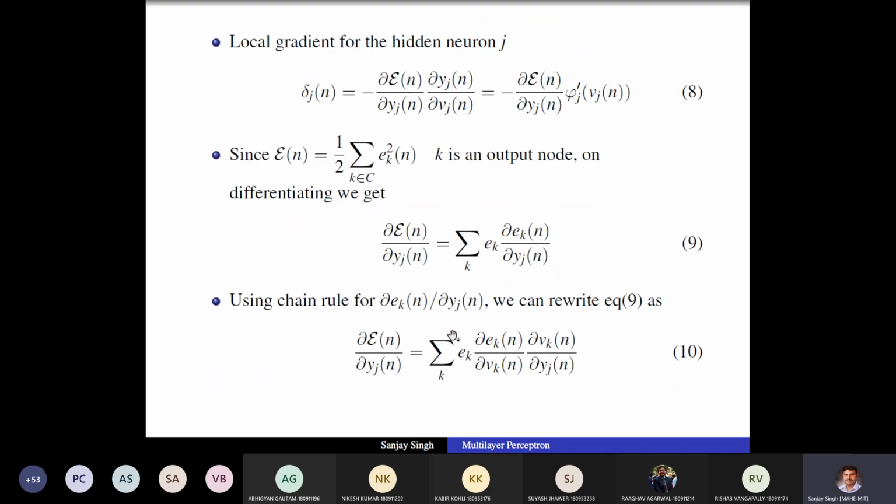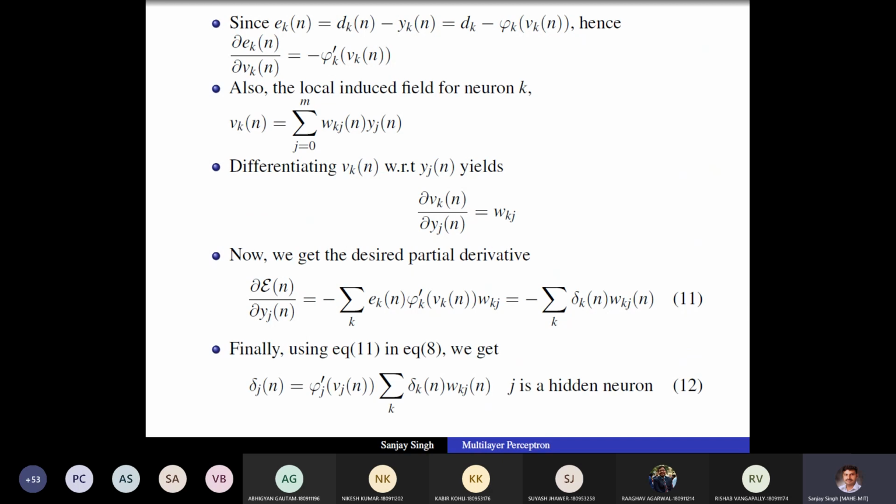But when we came across our delta j, the local gradient for the neuron which belongs to the hidden layer, it is phi prime j vj(n), and it sums all the other terms which belong to the higher layer. So just hold on, when I do this problem, it will be very clear. I have shown you at each and every step, but if you don't get it, just hold on. In the next class, I'll take an architecture and solve it. Then you'll come to know how backpropagation really happens in the different layers and for other neurons also. Just hold on for some time.